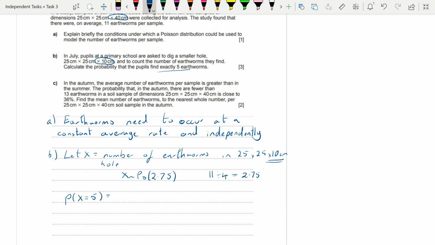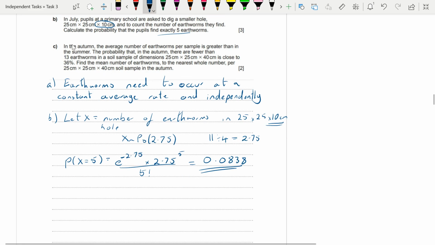Generally, as I said before, for Poisson and binomial, if it's equal to 5, you should be trying to use your formulas. So I've got e to the minus lambda, so e to the minus 2.75, times lambda, 2.75, to the power of n, so 5, all over 5 factorial. Typing all that in gives 0.0838. And again, we should check it using our calculator. We should try and use that formula as much as we possibly can to show off the skill.